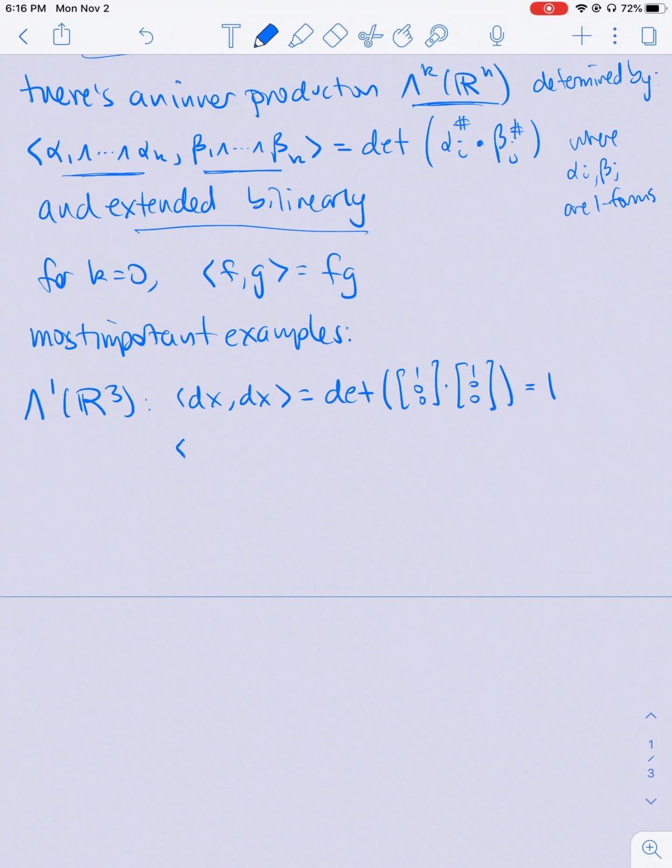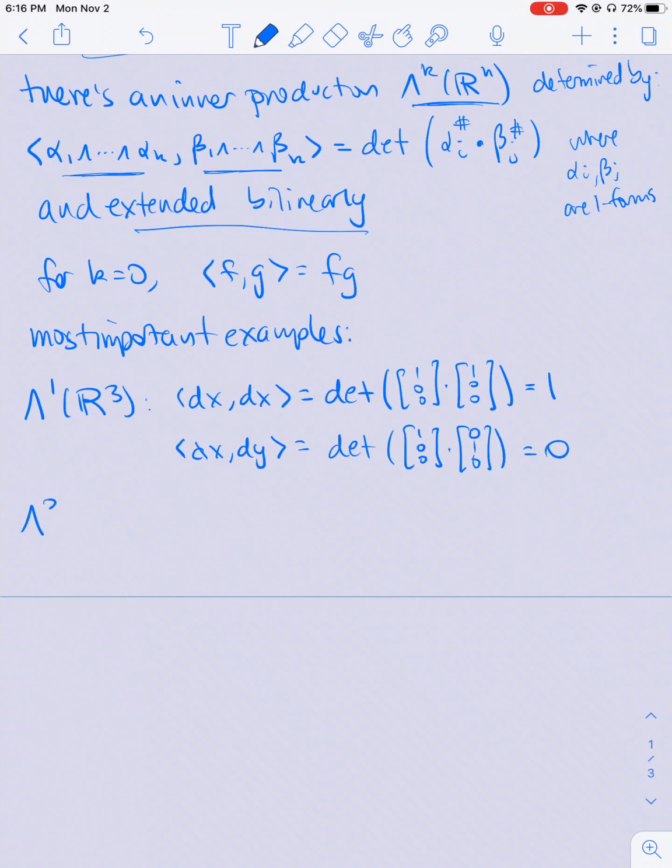Similarly, if I take the inner product of dy with itself or dz with itself, I'll also get 1. Now let's take the inner product of dx with dy. This is the determinant of (1, 0, 0) dotted with (0, 1, 0), which is just 0. Similarly, the inner product of dx and dz and the inner product of dy and dz are both 0.